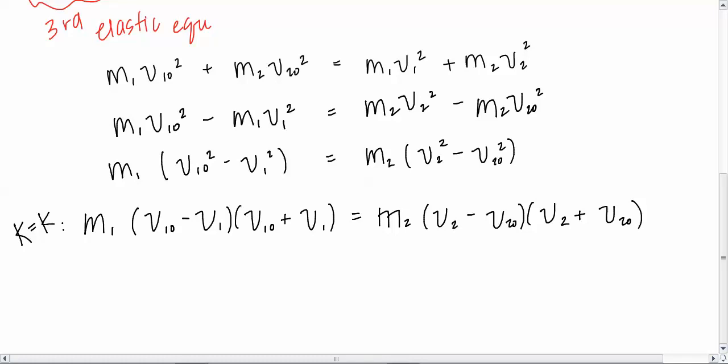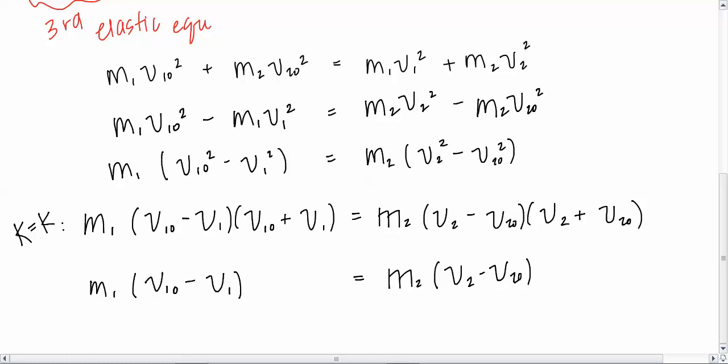Now, our conservation of momentum equation could be written as m1 times (v1 naught minus v1) is equal to m2 times (v2 minus v2 initial).